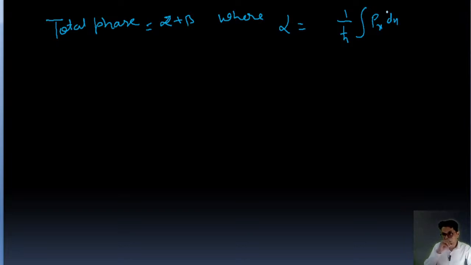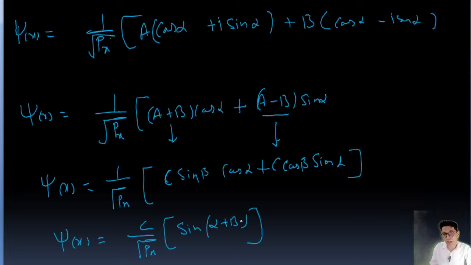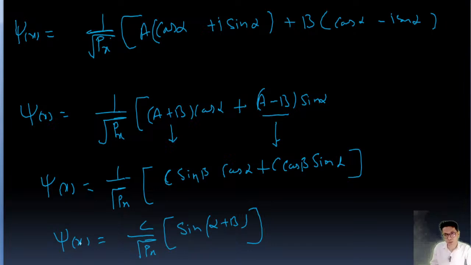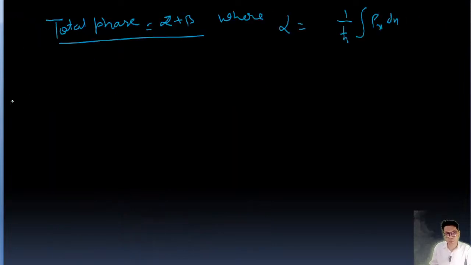Here the total phase is alpha plus beta. This is the total phase. So this is the value of the wave function in WKB approximation.